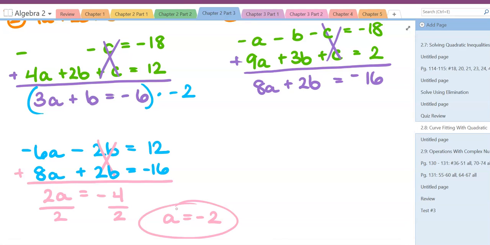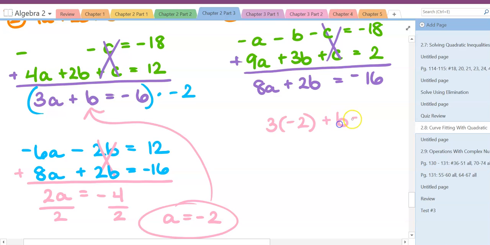Now I need to find b somehow, so I'm going to go back to this equation and plug in my a. It's going to say 3 times -2 plus b equals -6. This is -6 plus b equals -6. If I add 6 over, I get b equals 0.